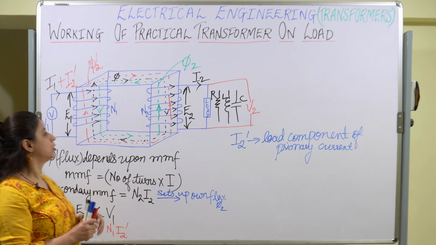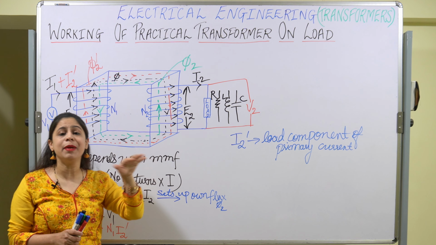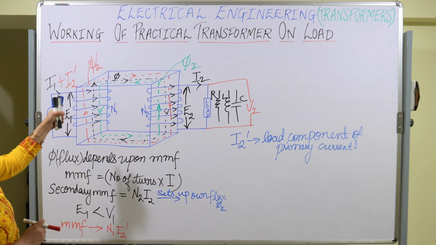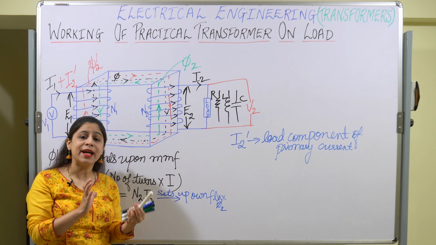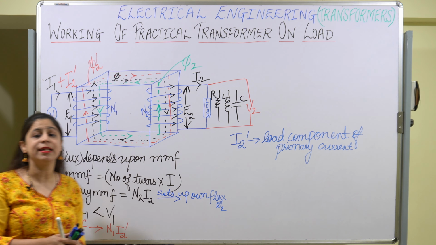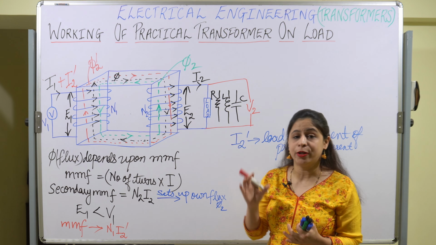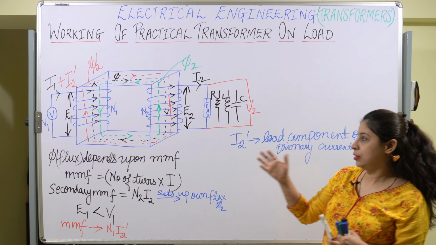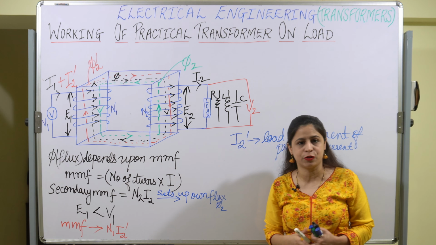So the flux remains the same phi in either case. Phi 2 dash and phi 2 are in opposite directions, so they nullify each other, and the main core flux is left.